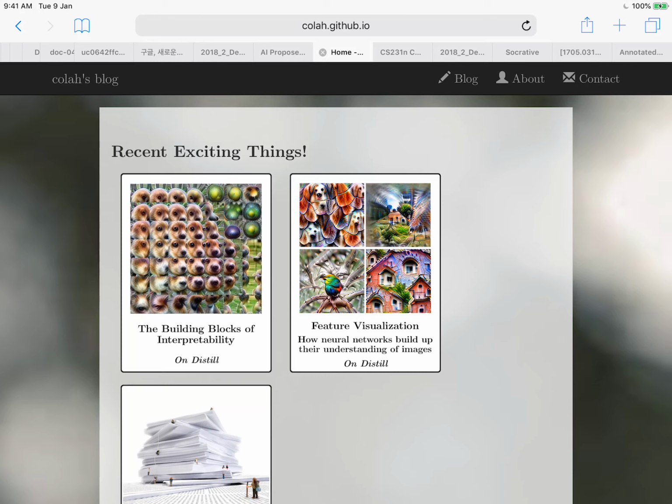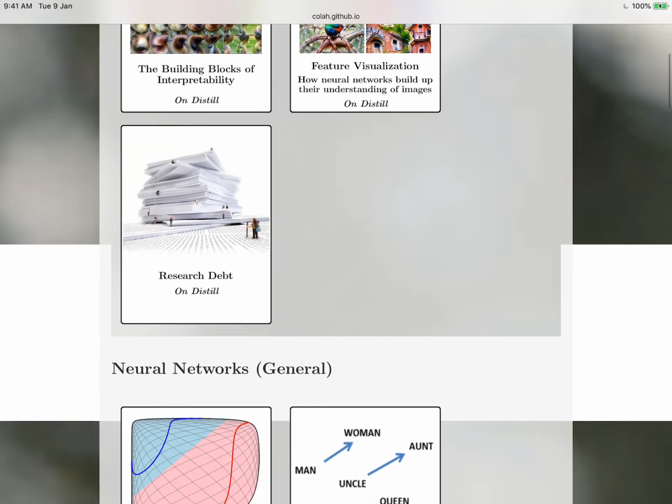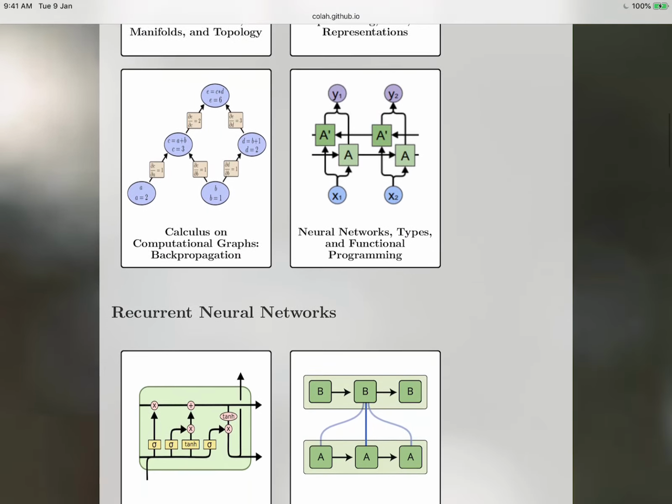He just graduated as an undergrad and then directly joined Google Brain. Anyways, in his blog, there are many interesting articles that allow you to understand the complicated notions involved in deep learning much more easily. Okay, so here there are many different articles that you can read.